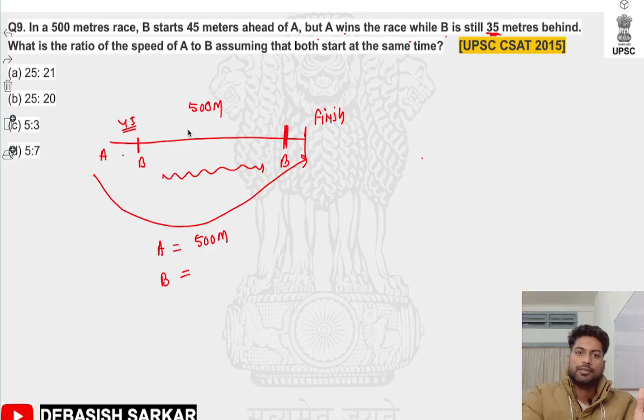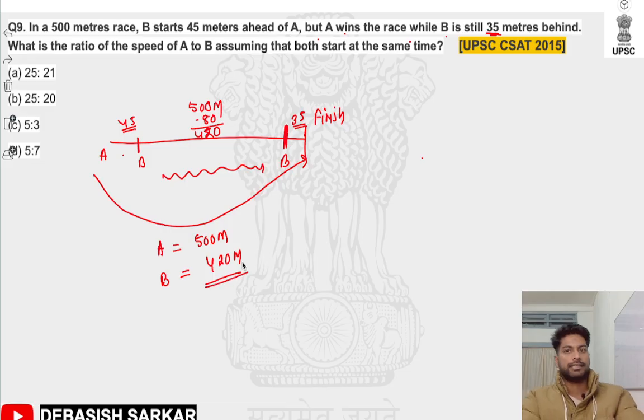So 45 at starting and 35 at the finishing. So 45 and 35, that is 80. So only 420. So B ran only 420 meter. Got it? समझ में आ गया ना?